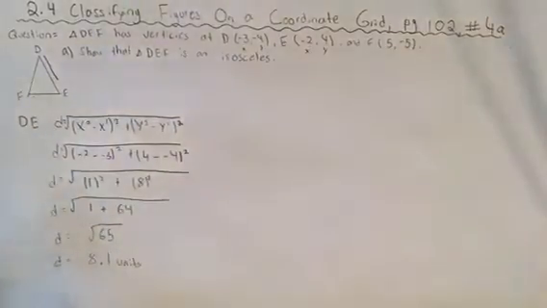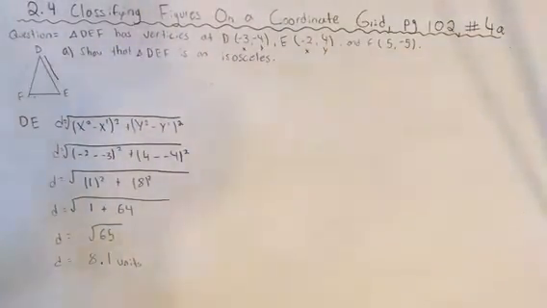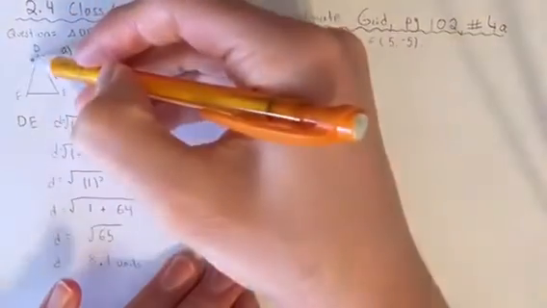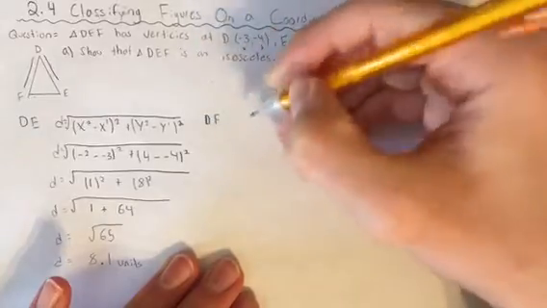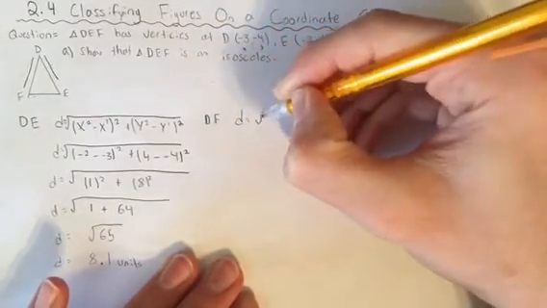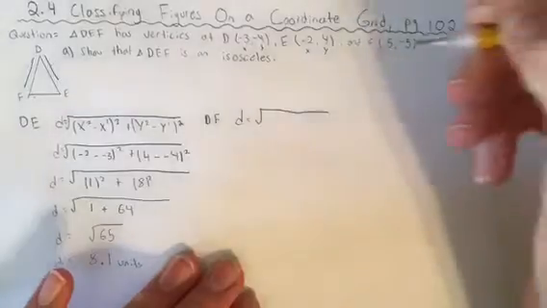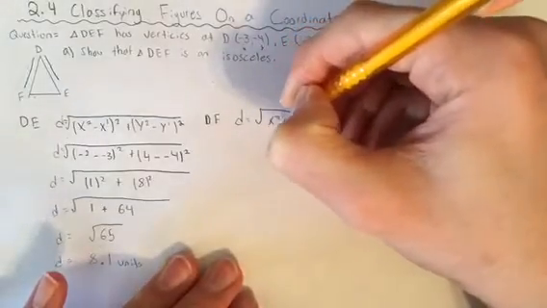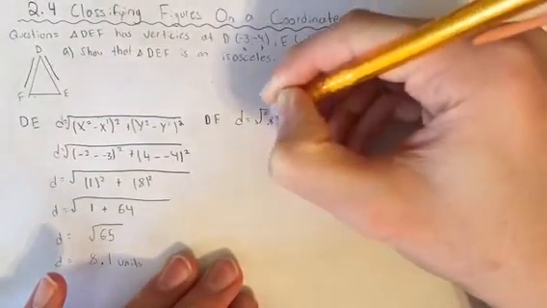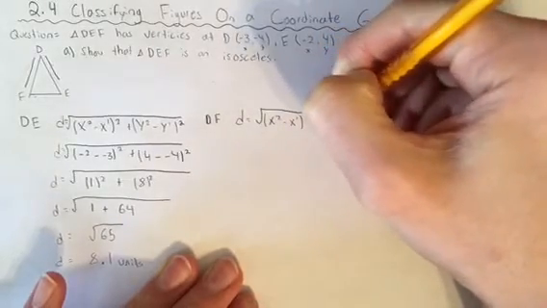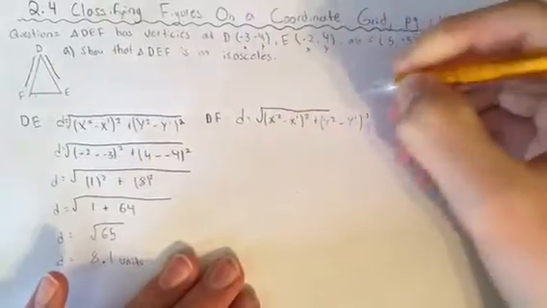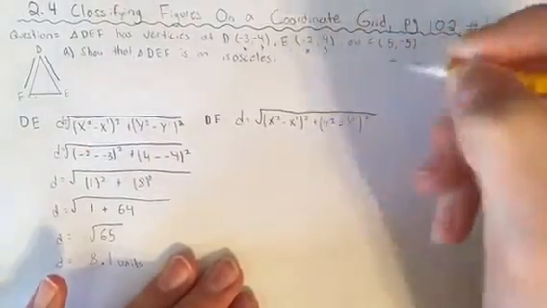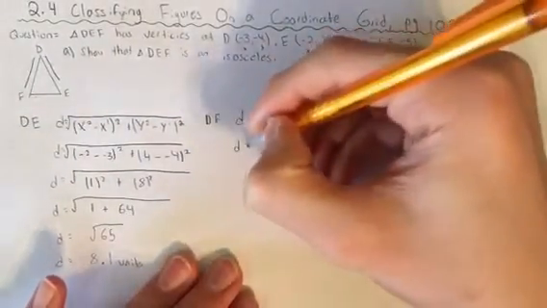Okay, now let's find side DF. So now we're finding this side. Let's write out our equation again: x2 minus x1 to the power of 2 plus y2 minus y1 to the power of 2. Now that we have our equation, we'll just have to plug in our numbers again.